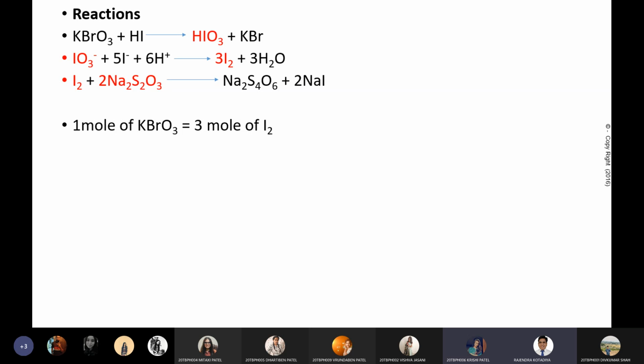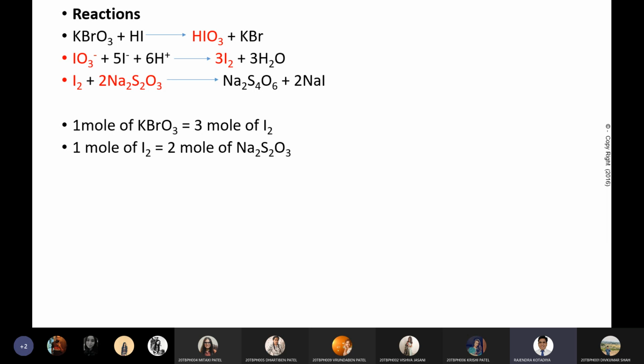1 mole of I2 will be required to neutralize 2 moles of sodium thiosulfate. Exactly. Okay. So based on the third reaction, we recognize that 1 mole of iodine is enough to neutralize 2 moles of Na2S2O3.